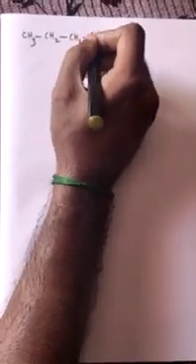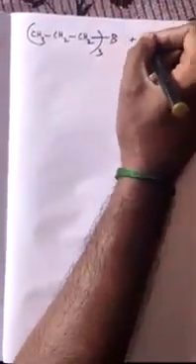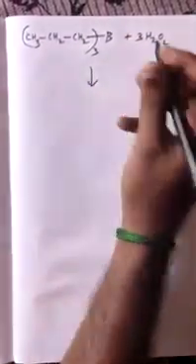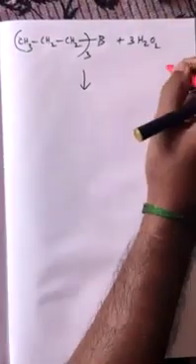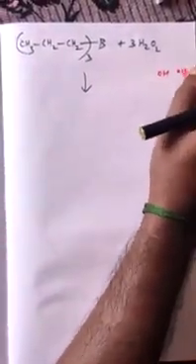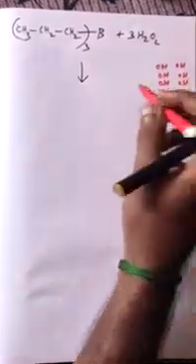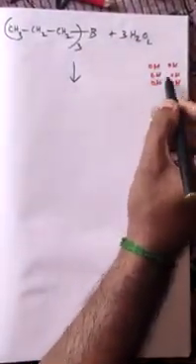Now this tripropyl borane, CH3-CH2-CH2-B, is treated with hydrogen peroxide 3 times. Let us write hydrogen peroxide simply like this, OH OH OH, or in short form H2O2, H2O2, H2O2.